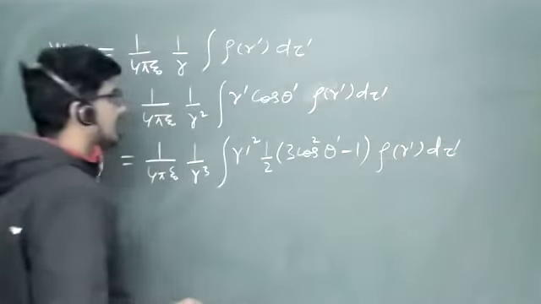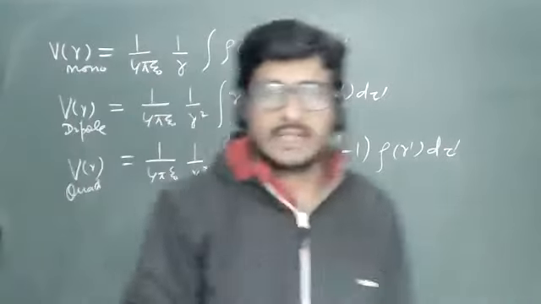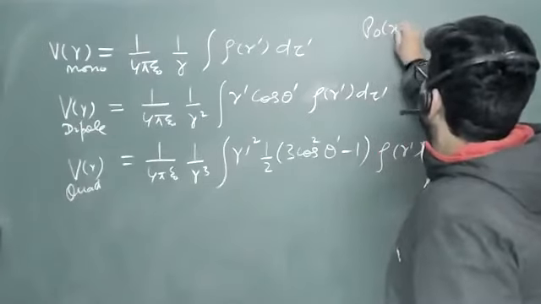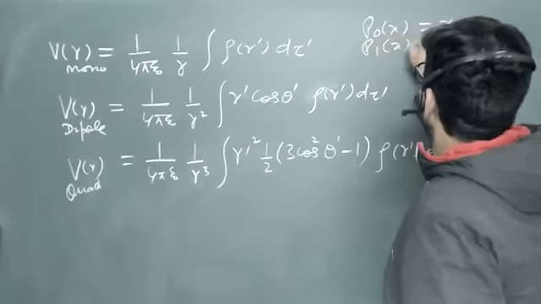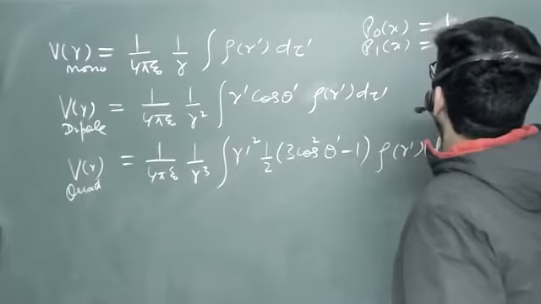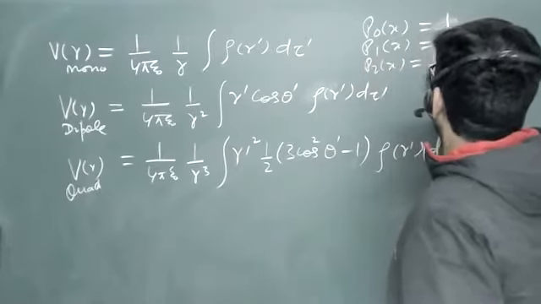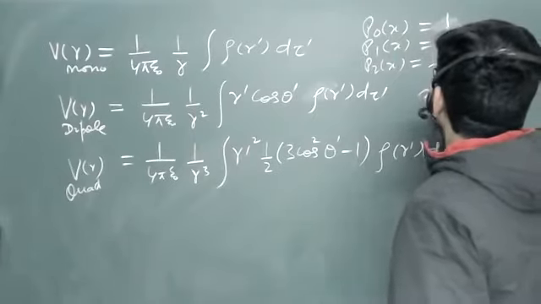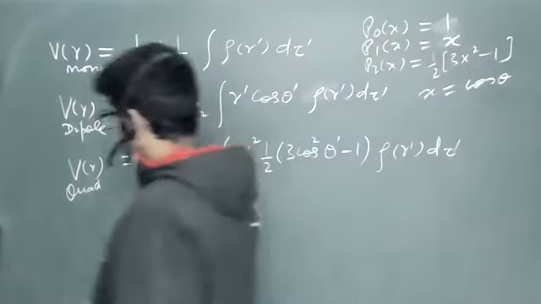So you can remember it with utter simplicity if you know the Legendre polynomial. And I hope everyone knows that P0 of x is 1, P1 of x is x, and P2 of x is 1 by 2 times 3x square minus 1. In our case, x is equal to cos of theta. Clear?